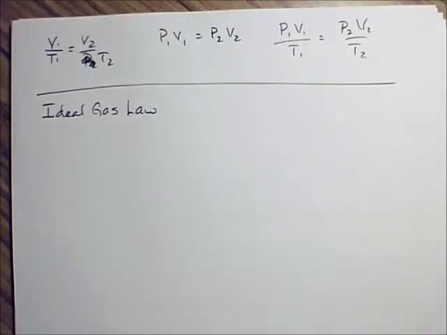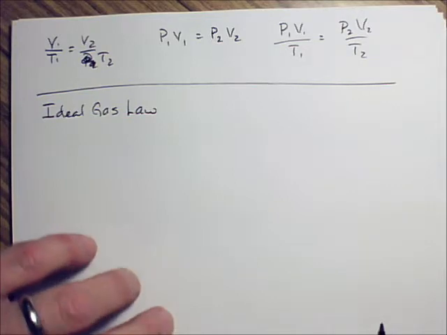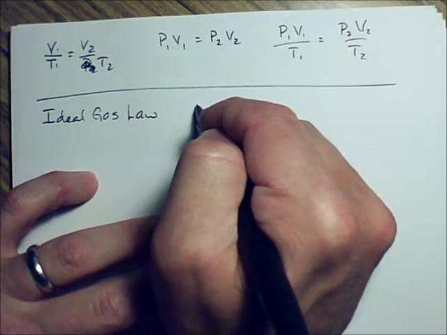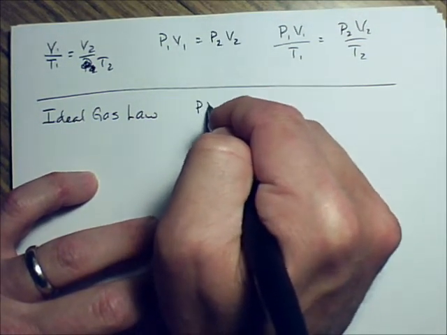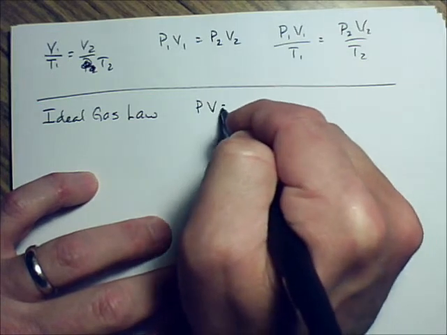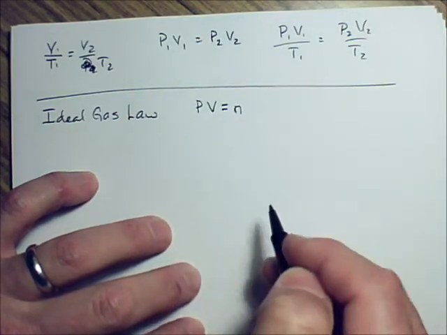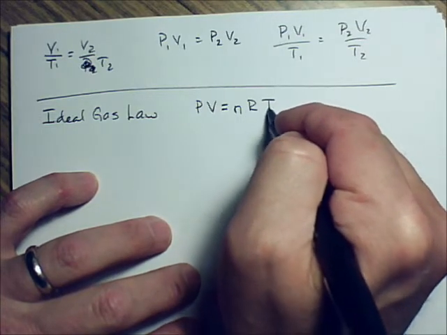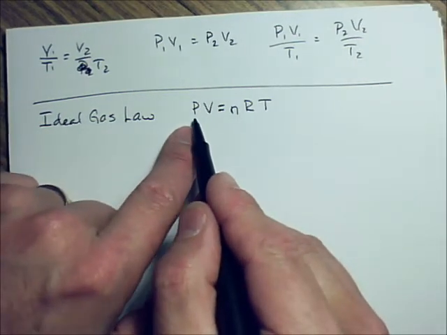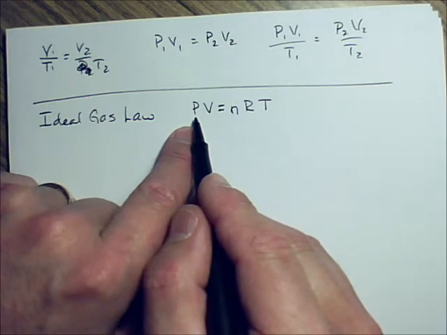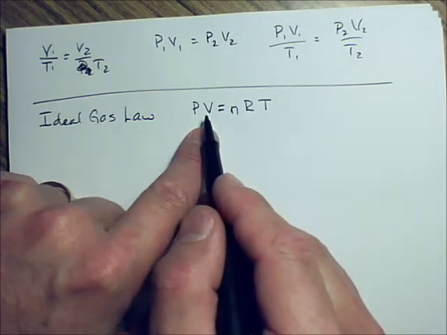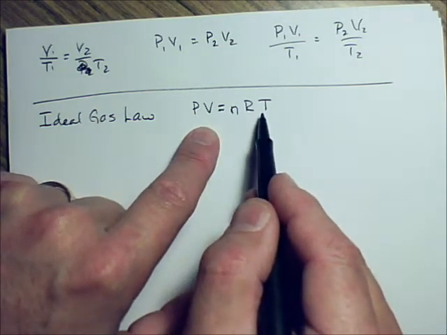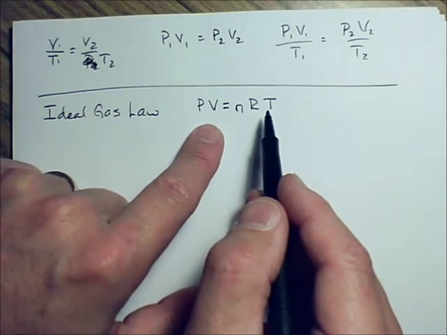Okay, but for right now, let's just stick with the ideal gas law in the traditional form, where pressure times volume equals nRT. So we've already previously defined P as pressure, V as volume, and T is temperature in what units of measurement?